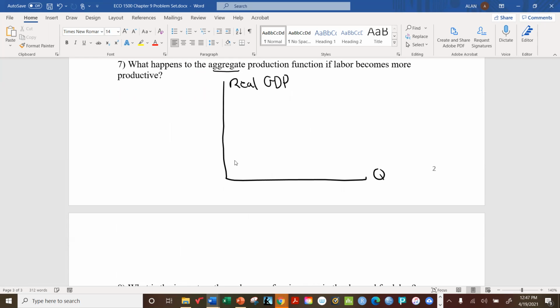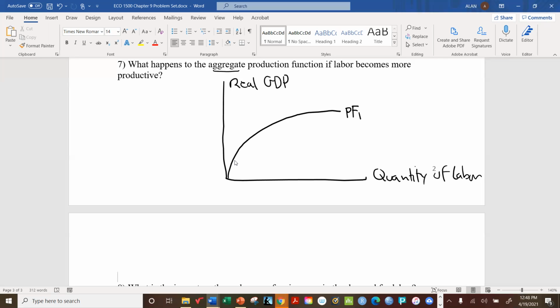And here's the quantity of labor that was used to create that. It slopes up, but it slopes up in a progressively decreasing rate to represent or illustrate the fact that we do experience the law of diminishing returns in the short run. All right. Otherwise, it would be a straight line.